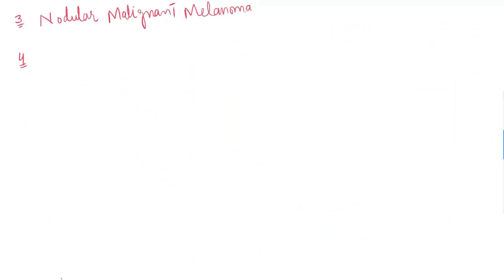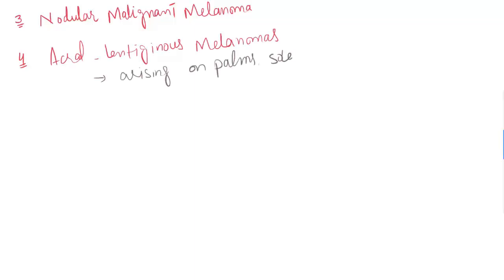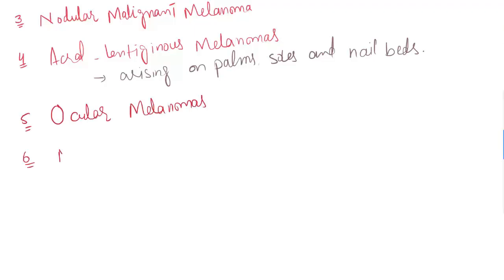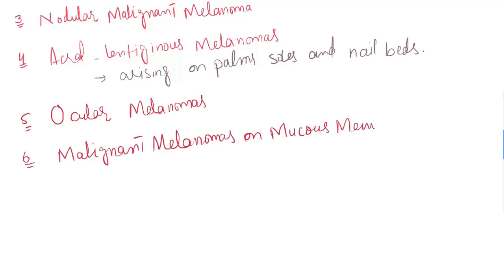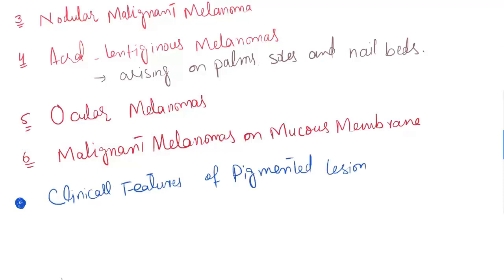Fourth is acral lentiginous melanoma. These arise on the palms, soles and nail beds. Fifth is ocular melanoma, and last is malignant melanoma on mucous membranes. These different clinical types of melanoma appear to have different types of oncogenic mutations, which may be important in treatment.